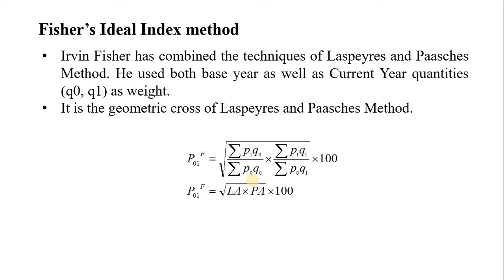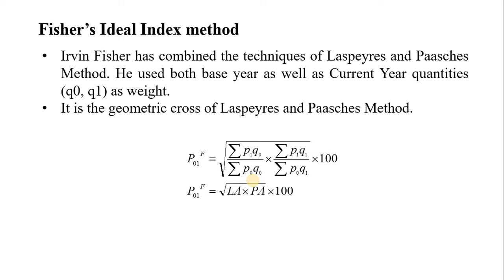So what Fisher has done is he has combined the last pair and fastest method using the geometric mean. He used both base year as well as current year quantities as the weight. Dorbish and Bowley and Fisher both have considered Q0 and Q1 as the weight. But the difference is Dorbish and Bowley have taken the arithmetic mean, whereas Irving Fisher has taken the geometric mean.